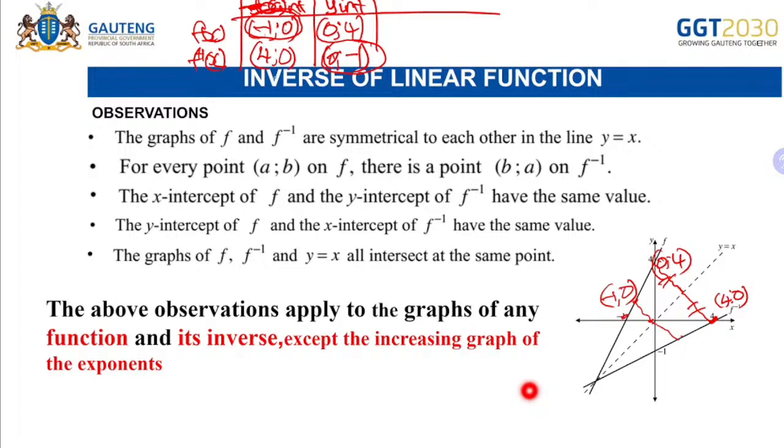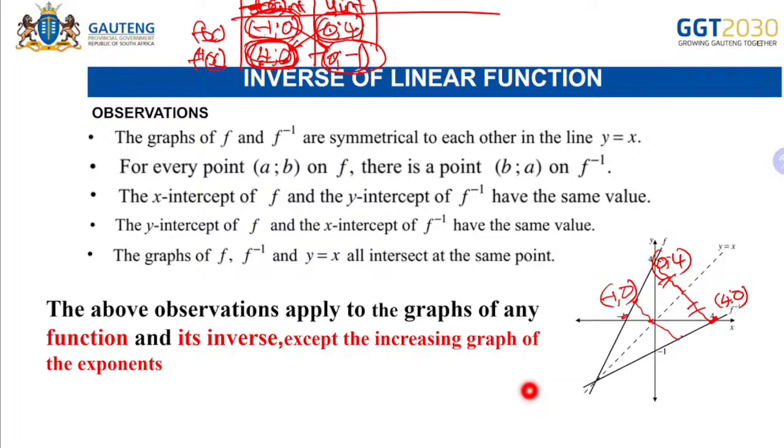Now, also you know that the y-intercept is the same. The x-intercept, we had our y-intercept for f of x was 0 and 4. The y-intercept for f inverse is 4 and 0, which becomes our x-intercept in this case. They swap positions. What was our y value here has become our x value here. What was our x value here has become our y value here.